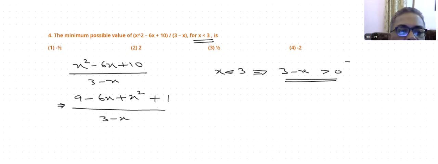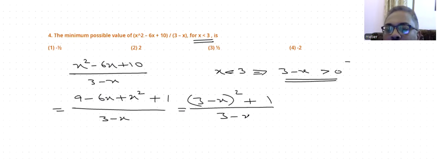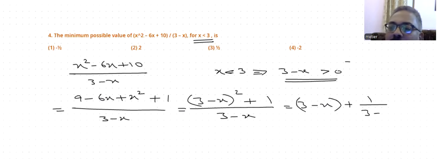Now what we are getting here: the first part is 3 minus x whole square. The second part is 1. If you divide it by 3 minus x, we get 3 minus x plus 1 by 3 minus x.